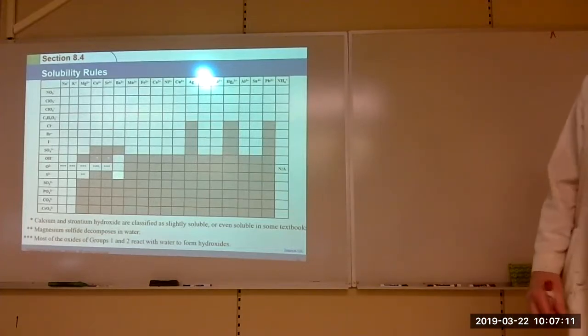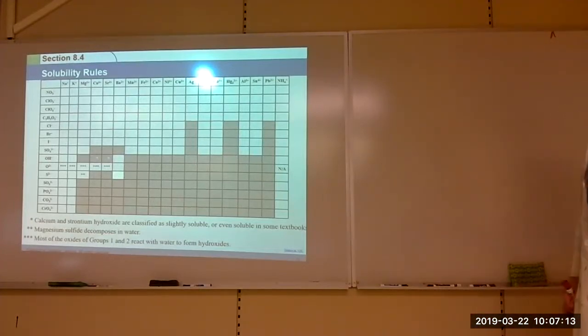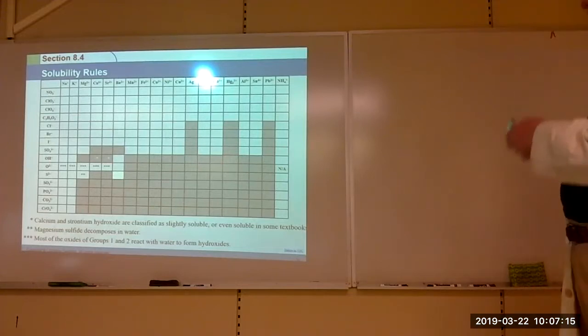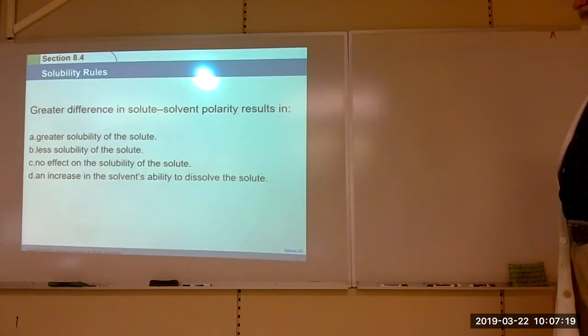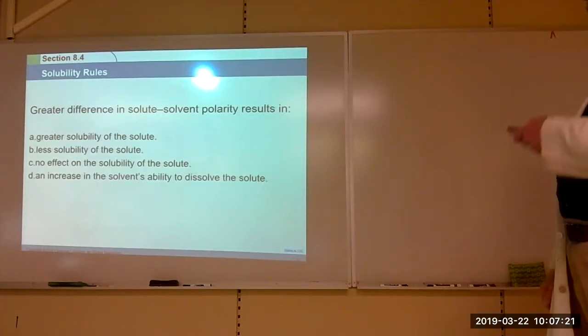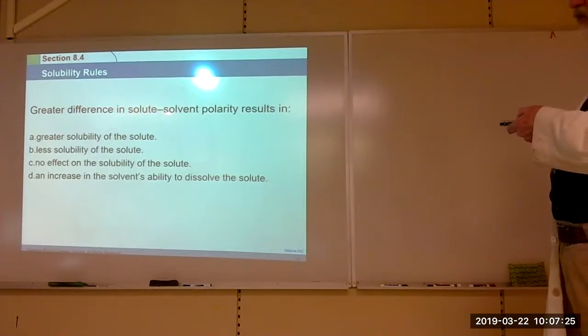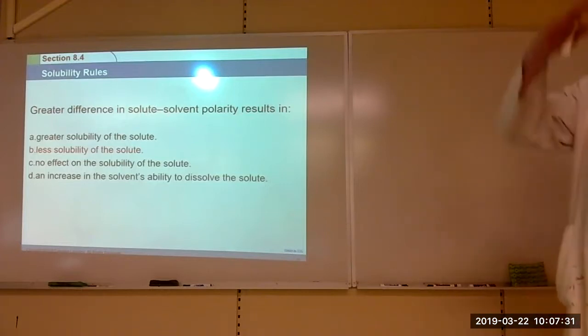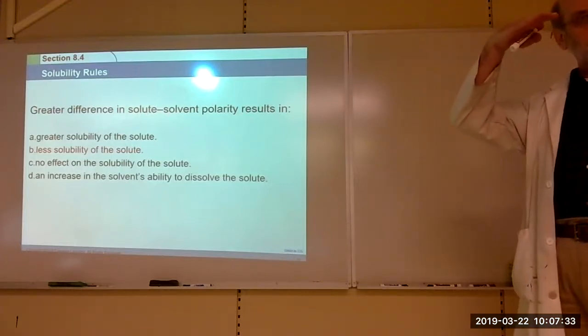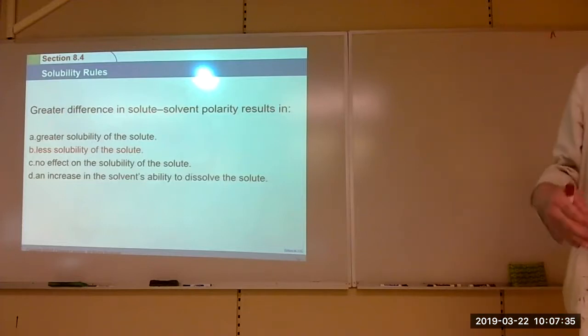And you can detect the presence of chlorine with it. Okay, so let's move on. The greater the difference in your solute-solvent polarity, the less solubility, right? The more similar they are in polarity, the more soluble they are in one another.